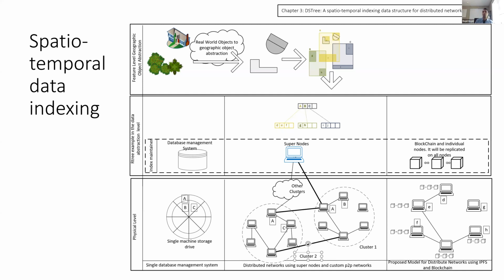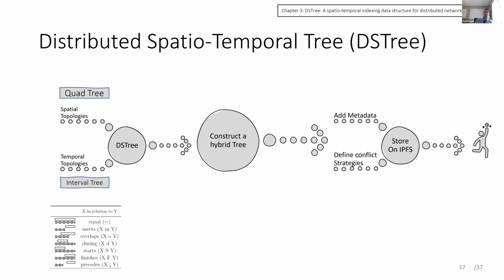In our approach, each node is responsible for keeping that version up to date, and whenever one node contributes to the data, it updates the chain on the blockchain. The latest version of the tree structure lives on a blockchain.